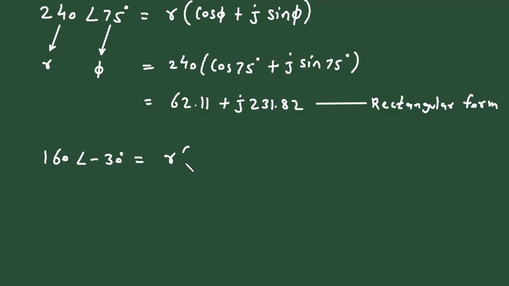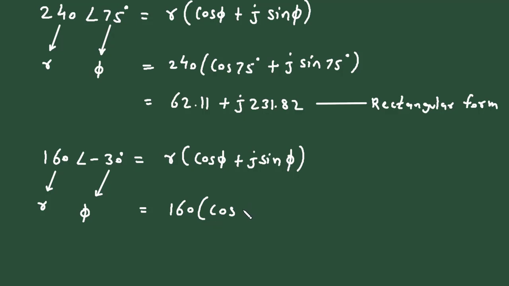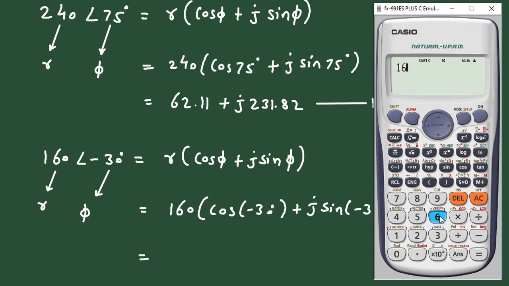So this will be equal to r in bracket cos phi plus j sin phi. So again the value of r is 160 and this is the value of phi. So this will be 160 cos minus 30 degree plus j sin minus 30 degree. So this will be 160 in bracket cos minus 30 degree plus j into sin minus 30 degree.